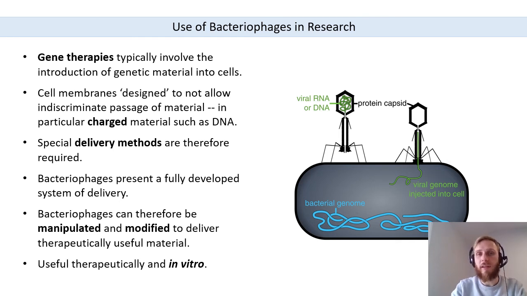Now obviously there's challenges there, because bacteriophages are only capable of infecting bacterial cells, but the idea is modifications can be made, and we can use bacteria to deliver genetic material into specific eukaryotic cells, and this genetic material, in the case of DNA and RNA vaccines, can encode specific antigens that the immune system then produces a reaction to, and this is the principle of vaccination.